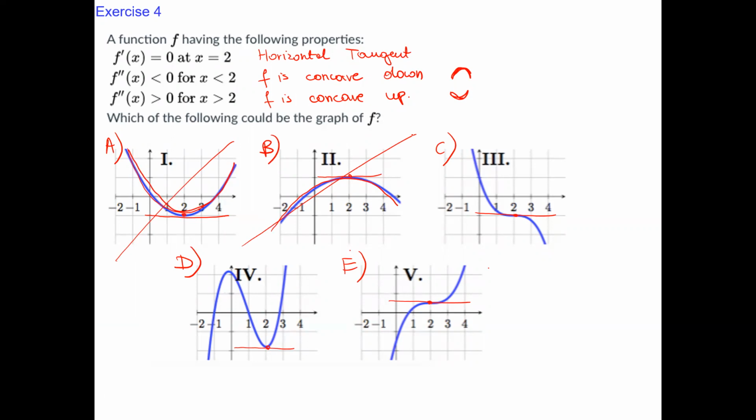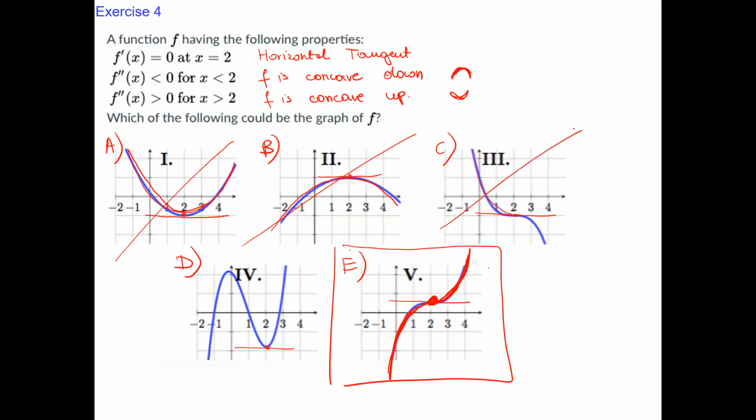This one, D, I'm looking at D. Concave down, concave down, concave down. That means I like this one. Concave down, and then an inflection point probably, and concave up. Yeah, I think this one, but let's eliminate. This is concave up for all of the x's less than 2. That's not good.